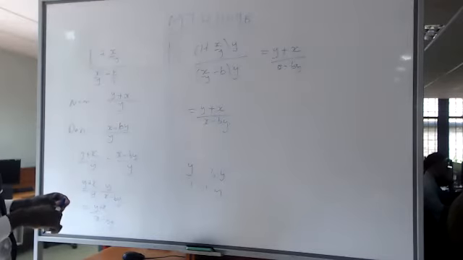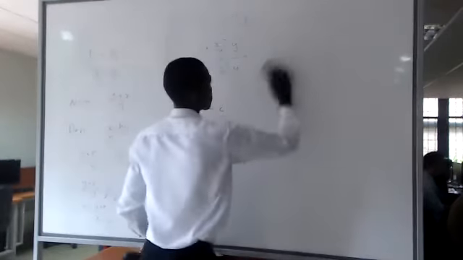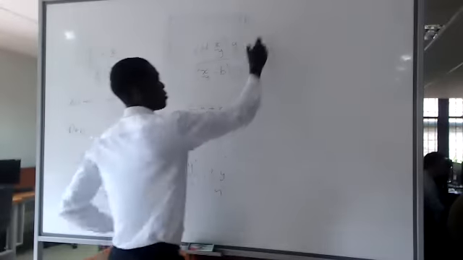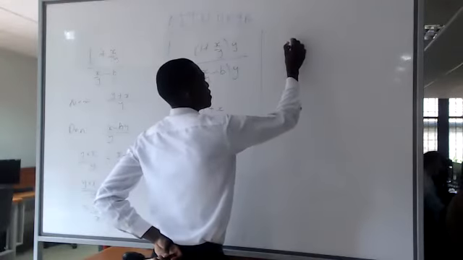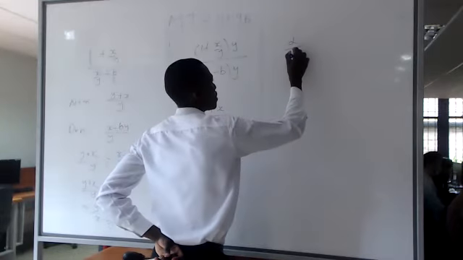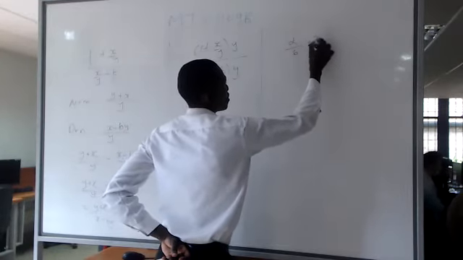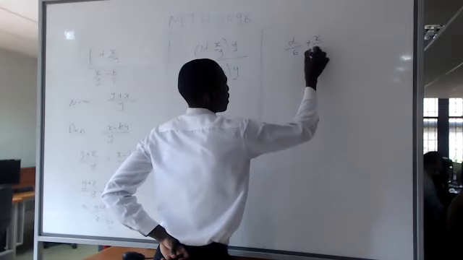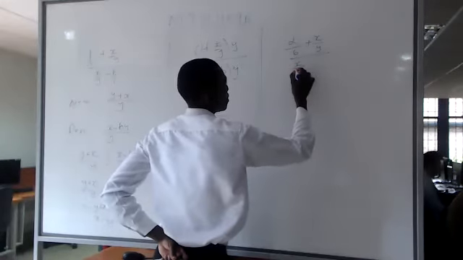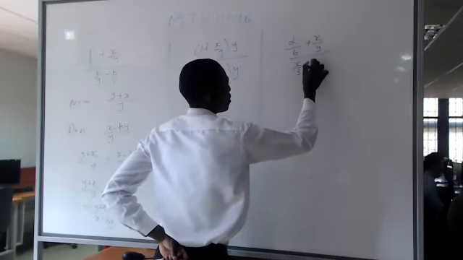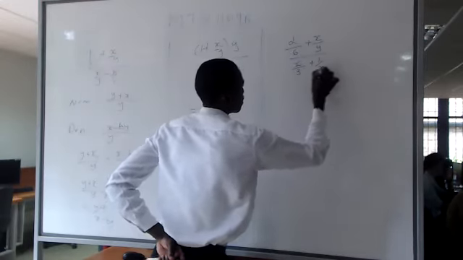Maybe let me give another example where the denominators are different. That will help. For example, you are asked to simplify alpha divided by 6 plus x divided by y, all this divided by x over 3 plus maybe 1 divided by x.